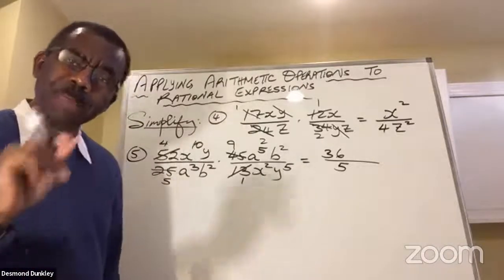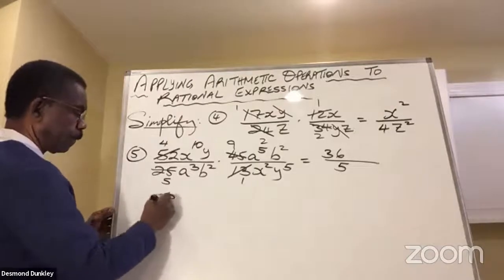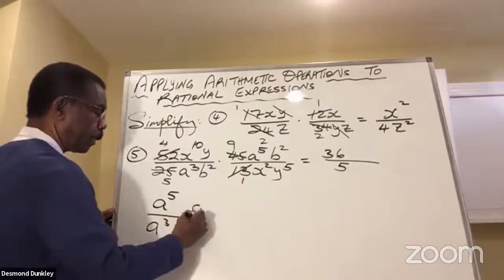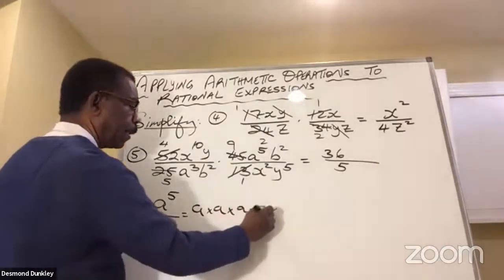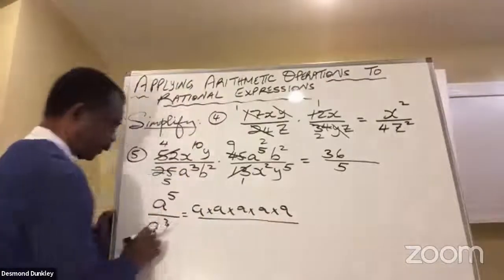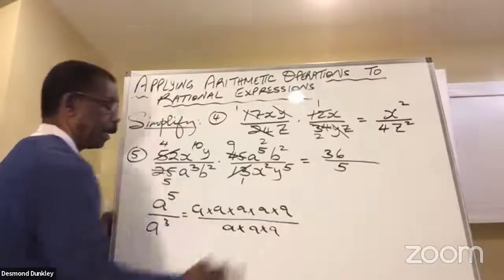And if you wanted the evidence, I can show you a to the 5th divided by a to the 3rd is equal to a times a times a times a times a. That's what a to the 5th is. A to the 3rd is a times a times a. And what did I say?